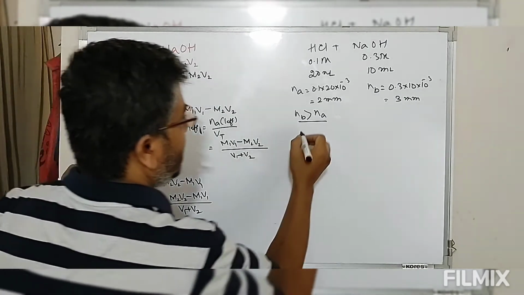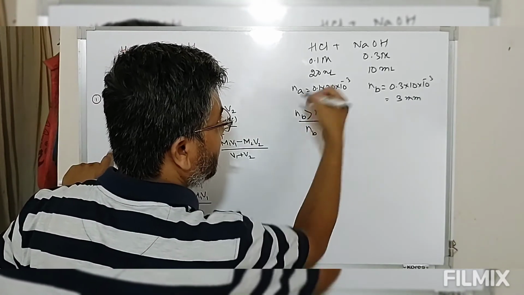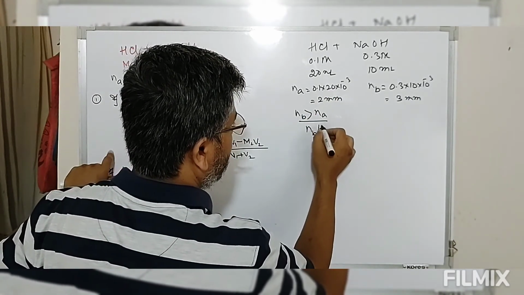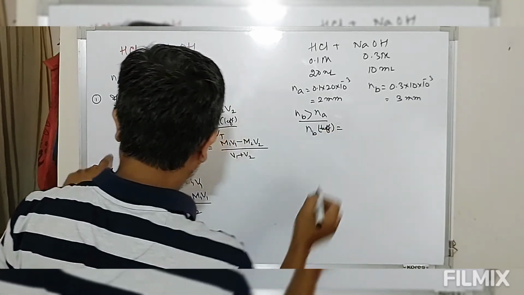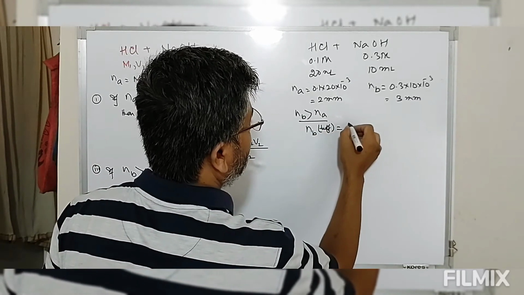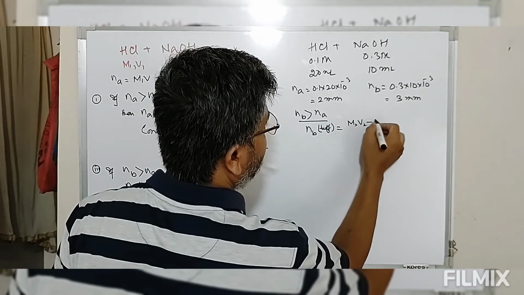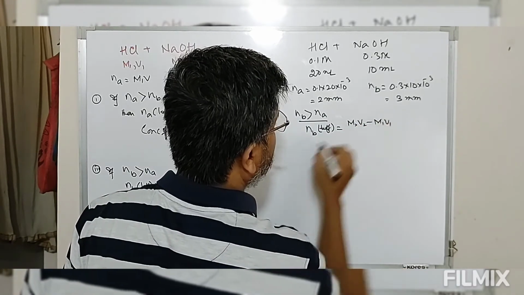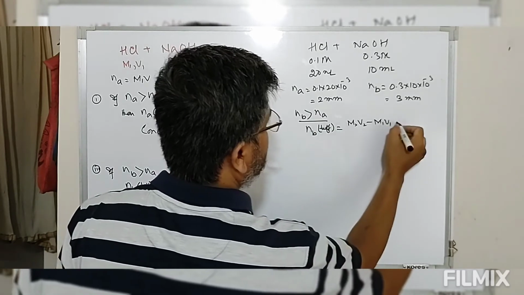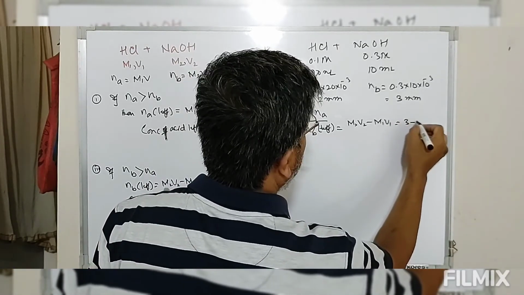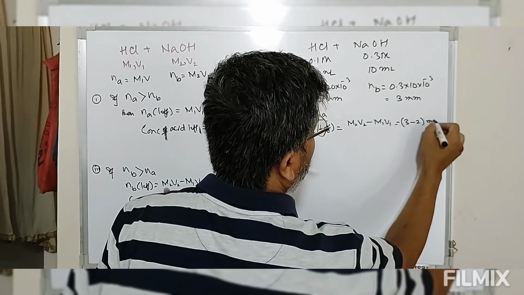So we have the second case. Therefore the number of moles of base left will be equal to M2V2 minus M1V1. This is equal to 3 minus 2 millimole.